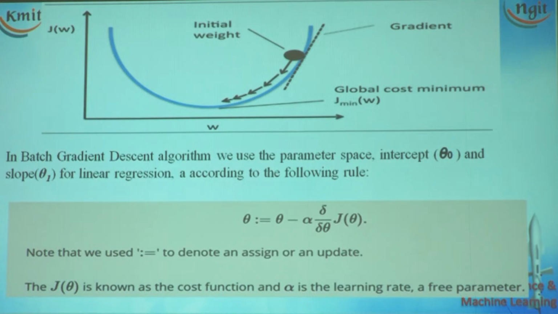Now, come to this point. Gradient descent means if you have 5,000 records, all the 5,000 records will be processed and then evaluated for the cost.